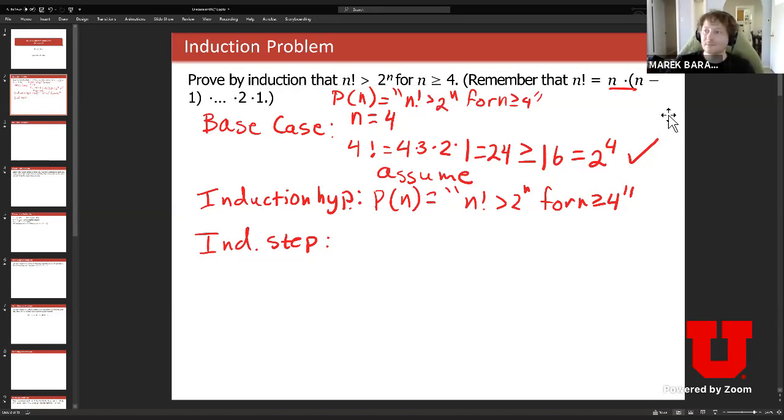I have a question. For the problem statement, would we do something like let s of n equal n factorial and let k of n equal 2 to the n? And so the problem statement would be s of n is greater than k of n. Yeah, you could do that. It seems like extra writing, but should be fine.